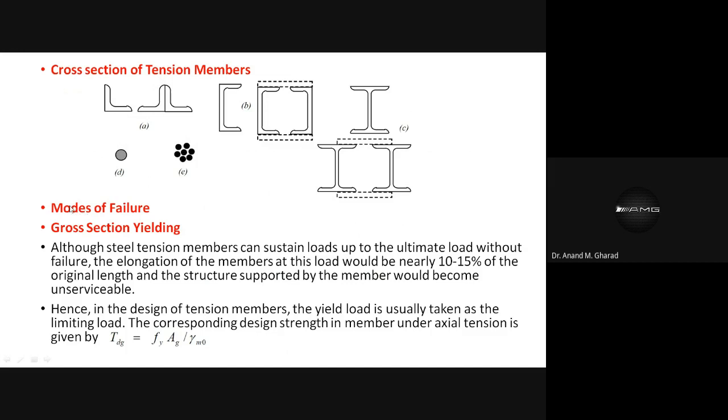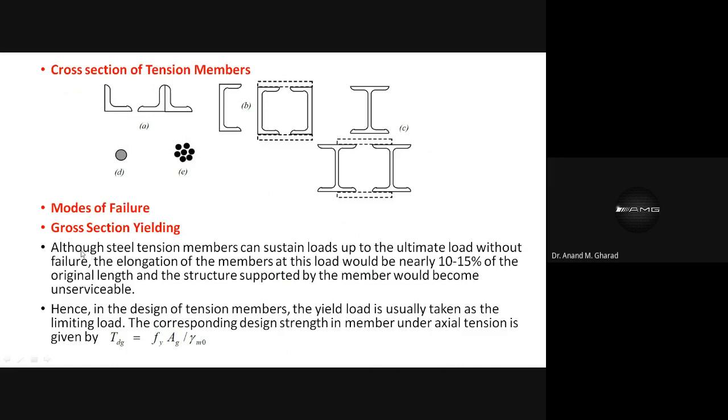There are different modes of failure associated with the tension members. I will not go into the detail right now. Just remember this thing, that these modes of failure are essential in order to decide the overall dimension of the connection. It may be the number of bolts, it may be the complete dimension of the plate. Depending on these modes of failure, you are supposed to design the connection.